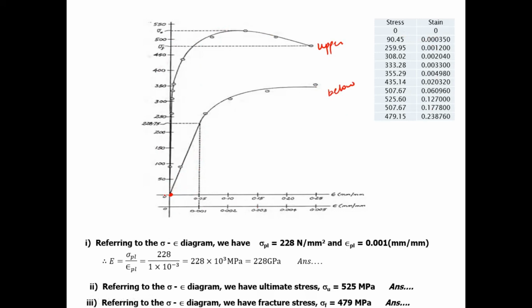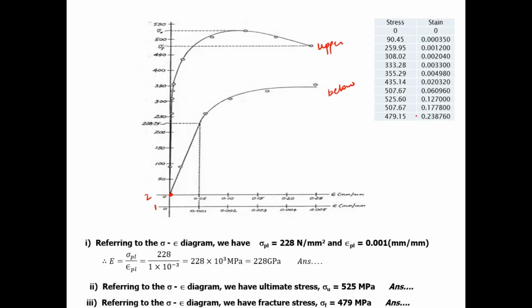Now we have two axes on the x-axis: number 1 for the below graph, and number 2 for the upper graph. Our value is 0.00035, so we take an interval of 0.01, then 0.02, 0.003, 0.004, 0.005.